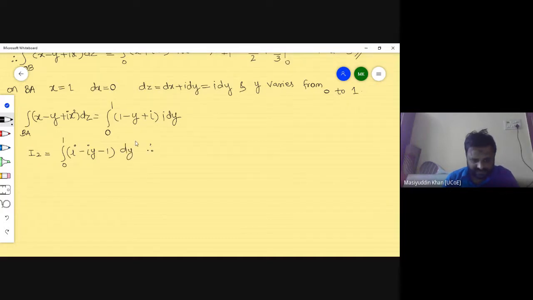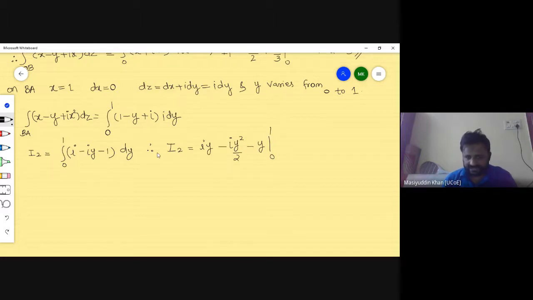Therefore integrating, we can directly integrate this. So I2 is equal to i y minus i y square by 2 minus y, limit point 0 to 1.